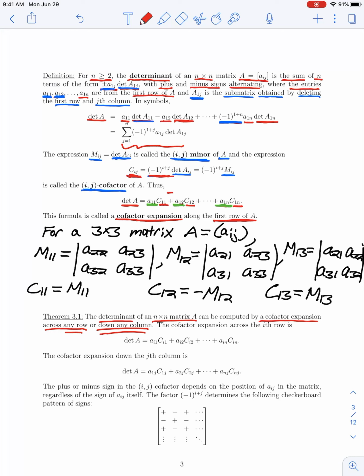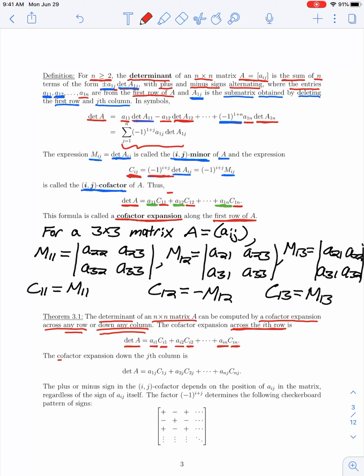So for example, a cofactor expansion along the ith row, we could use to calculate the determinant of A as the sum of the entries ai1, ai2, up through ain, times the respective cofactors for those entries.